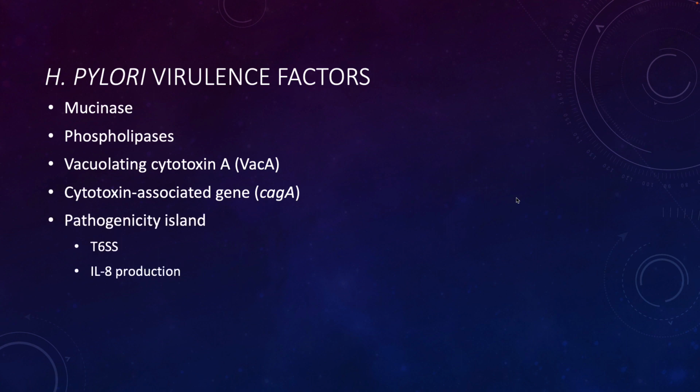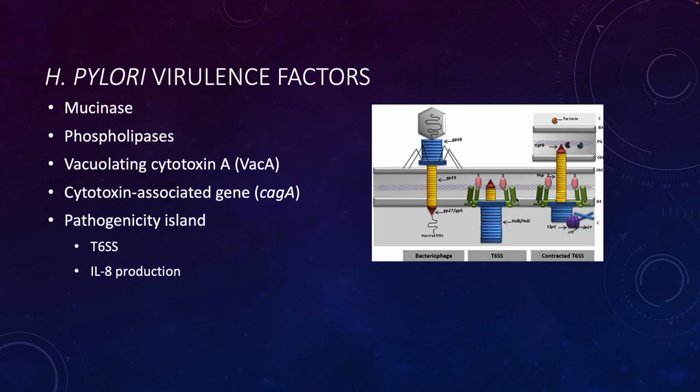Helicobacter pylori also contains a pathogenicity island. This pathogenicity island encodes a type 6 secretion system and can lead to IL-8 production. So the type 6 secretion system is similar in a lot of ways to a type 3 secretion system, in that it's like this injector that will inject molecules into other cells.